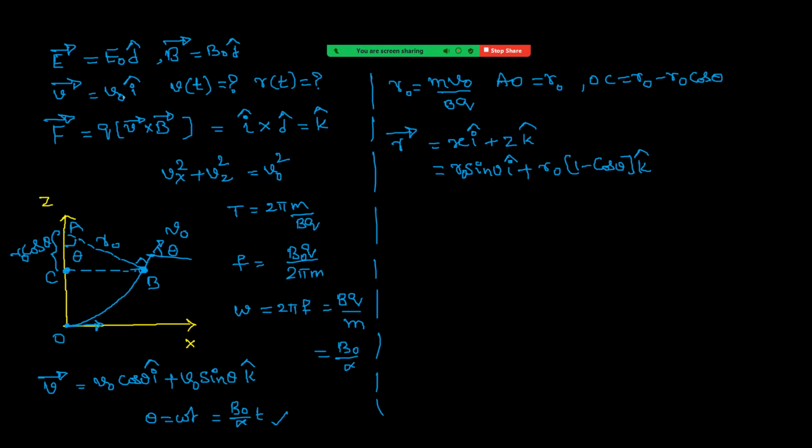But in the problem, we are given an electric field also, which is along the magnetic field. So now the path will be helical with increasing pitch, because along the field, the velocity keeps on increasing. See how to calculate pitch.